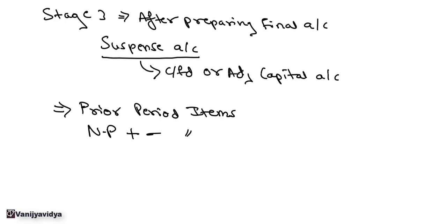But if everything is in the system, in your accounting software, then the chances of this casting error, totaling error, then error because of wrong side of posting, then error of balance carry forward, error of calculating a balance will be nil or very less. So this was about your errors or rectification of the errors.